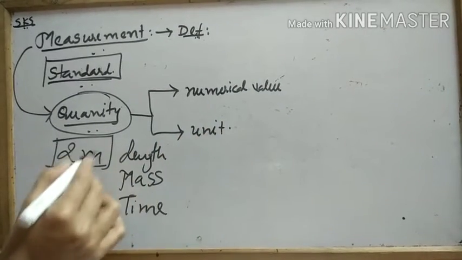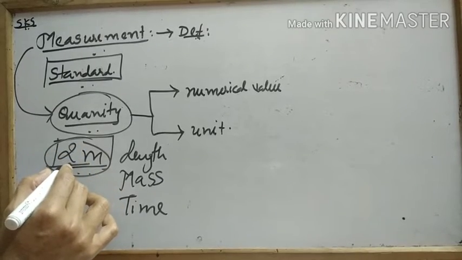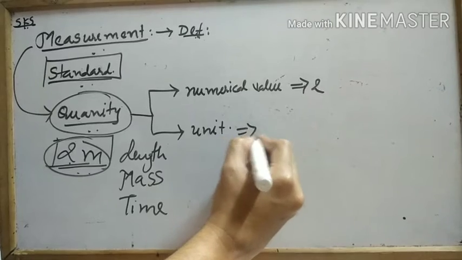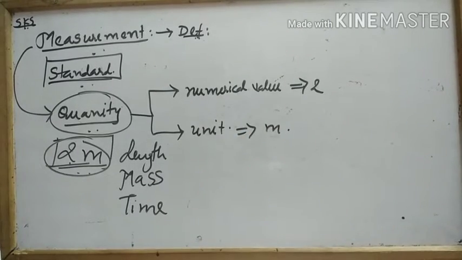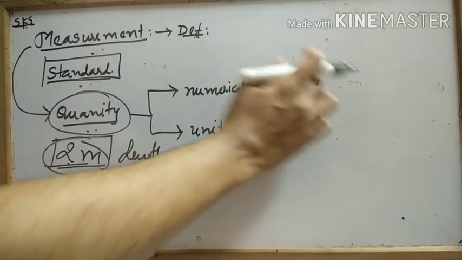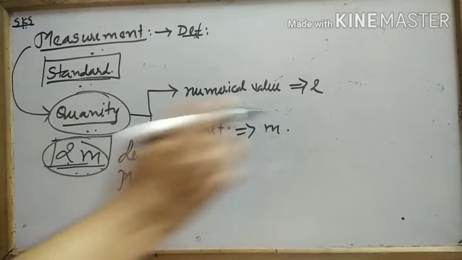Now I will take this example again. Out of 2 meters, 2 is the numerical value and meter is the unit. So whenever you want to measure a quantity, it is measured in two components, the numerical value and the unit.